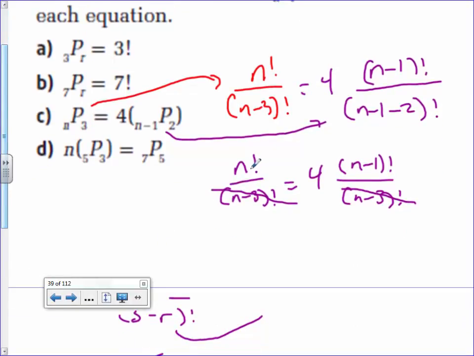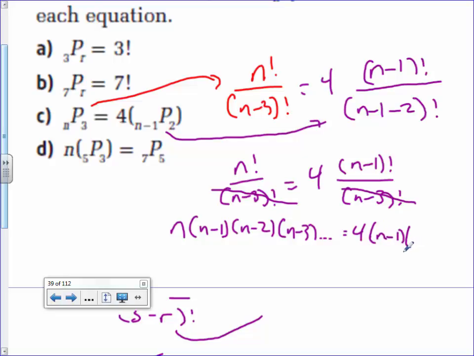Right, next question. What does n factorial really mean, though? Well, it means start with n, times by one number less than n, times by two numbers less than n, times by three numbers less than n, and you kind of just do that forever. What does n minus 1 factorial mean? Well, it means start with n minus 1, and then pick a number 1 lower than that.